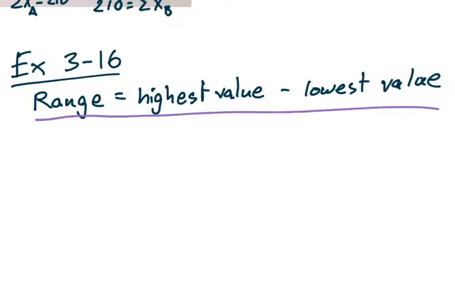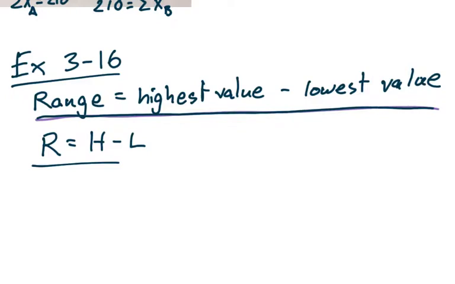Remember, any formula or any equation is essentially just a set of instructions for doing a set of calculations or operations on these numerical values, ranging from simple to complicated. So if you can translate them into words, it makes a lot more sense than just writing down something like R equals H minus L, because that's just algebra, and this is actually describing what it's for, or how to use it.